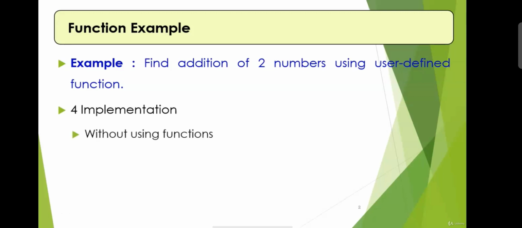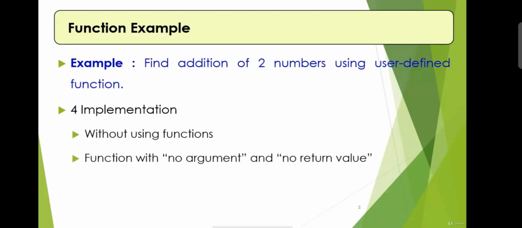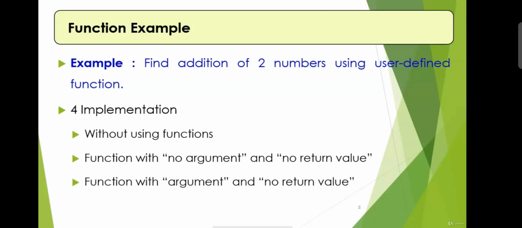First, we will implement this program without using any user-defined function. Then we will use a user-defined function which accepts no argument and returns no return value. Then we will implement the program with a user-defined function which accepts the argument but has no return value.